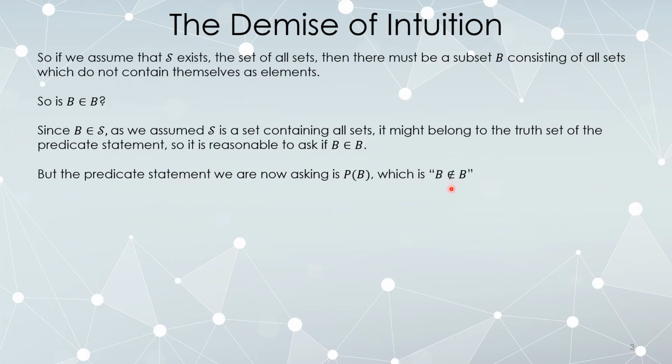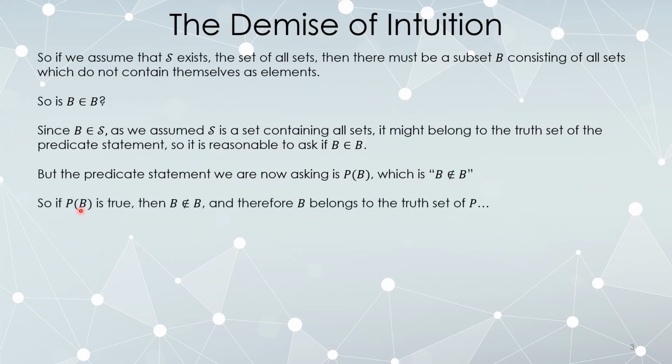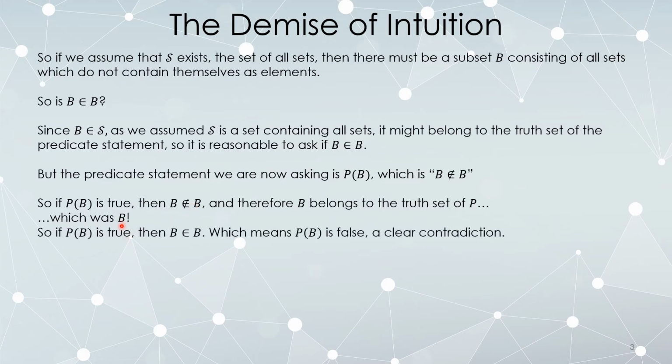Remember, B was the truth set of this statement, not an element of itself. So if this predicate is true, then B is not an element of itself, so it belongs to the truth set of P. But the truth set of P was exactly the set B. In other words, assuming B is not an element of itself, we derive that B is an element of itself.